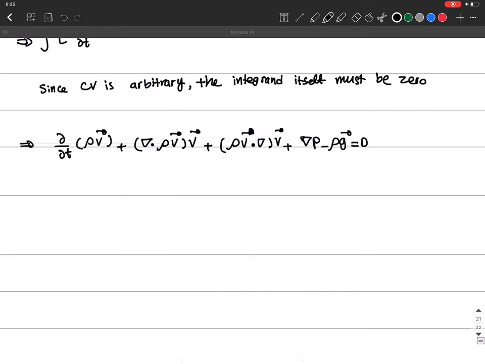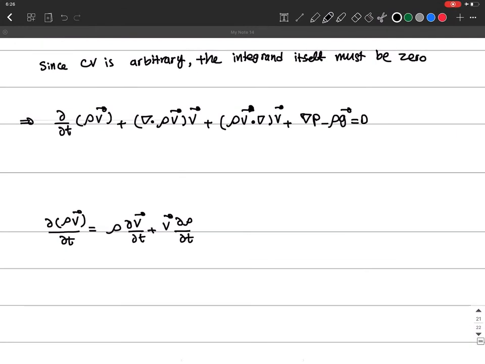I can write the first term, partial rho v over partial t, using the differentiation rule as rho partial v over partial t plus v partial rho over partial t.